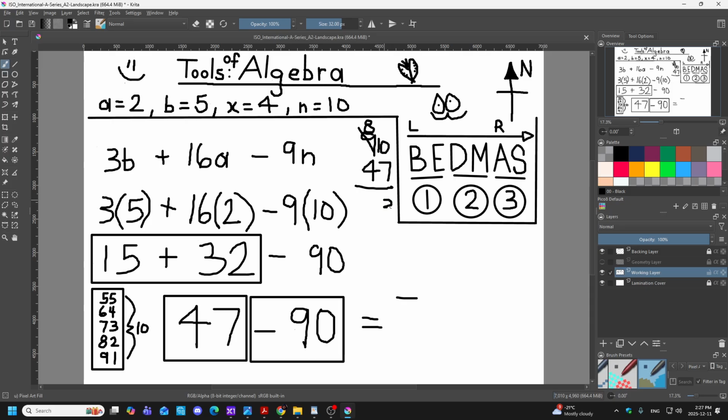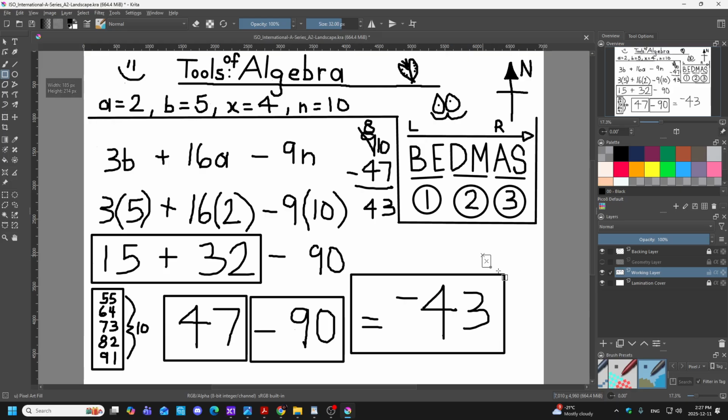So that's a 3. 8 take away 4 is 4. My final answer is negative 43. Again, hopefully I didn't mess up anywhere, and we are golden.